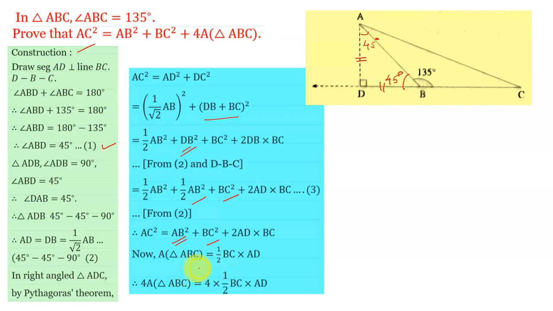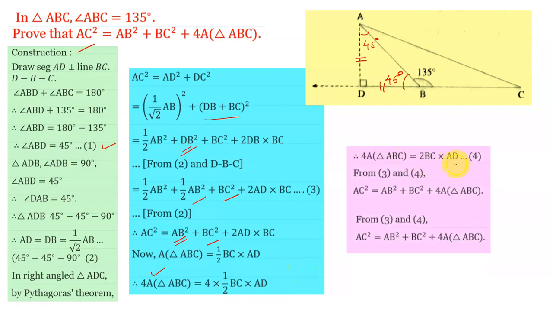What is the area of triangle ABC? 1 upon 2 BC into AD. But we required here 2 times: 2 into area of triangle ABC is equal to BC into AD. Therefore, multiplying on both sides by 2 again, we will have 4 times area of triangle ABC is equal to 2 times BC into AD.